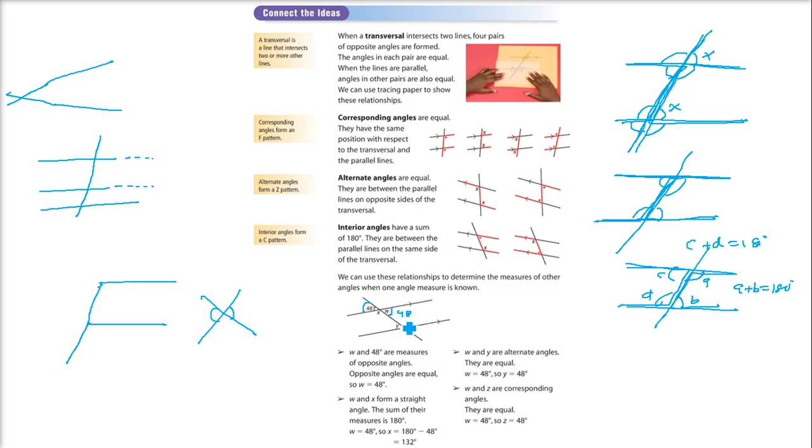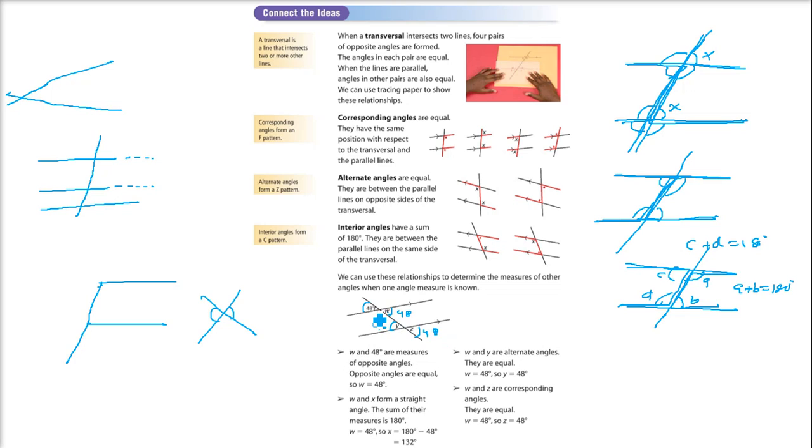This 48 degrees. And if you see W and Y, these are alternate angles. This will also be 48 degrees. Again, this Z is vertically opposite to 48 degrees, so this will also be 48 degrees.